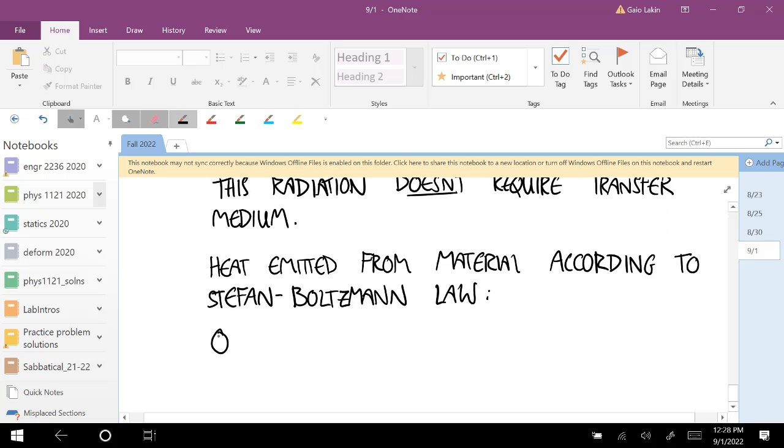And that says Q dot sub E for emitted. This is the energy that's being lost by a material, is equal to epsilon times sigma times A times T to the fourth.